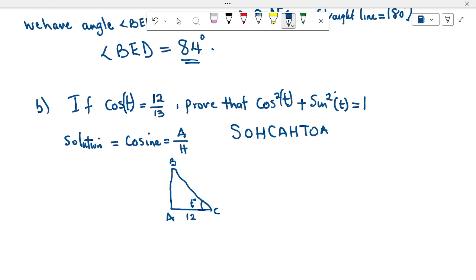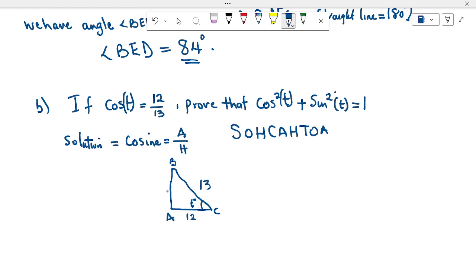The hypotenuse is the longest side of a triangle, which is here. We name that place 13. What we want right now is to get the opposite, so that we already have our cos, so we can get our sine also.